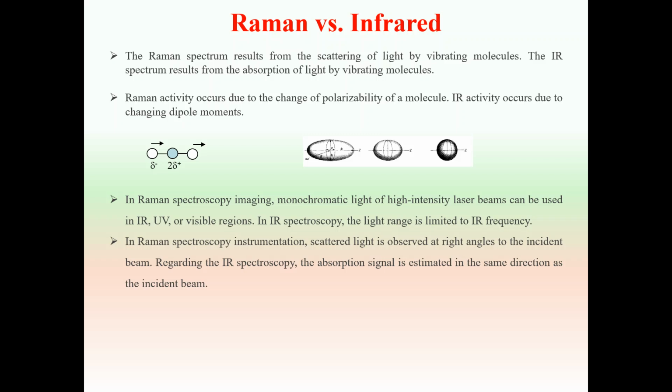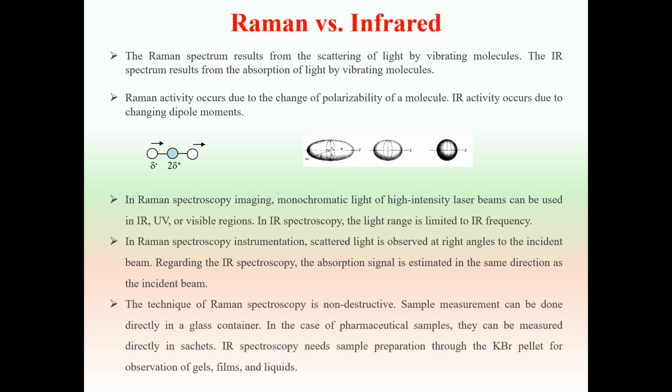In Raman spectroscopy instrumentation, scattered light is observed at a right angle to the incident beam, while in IR spectroscopy, the absorption signal is estimated in the same direction as the incident beam. The technique of Raman spectroscopy is non-destructive.